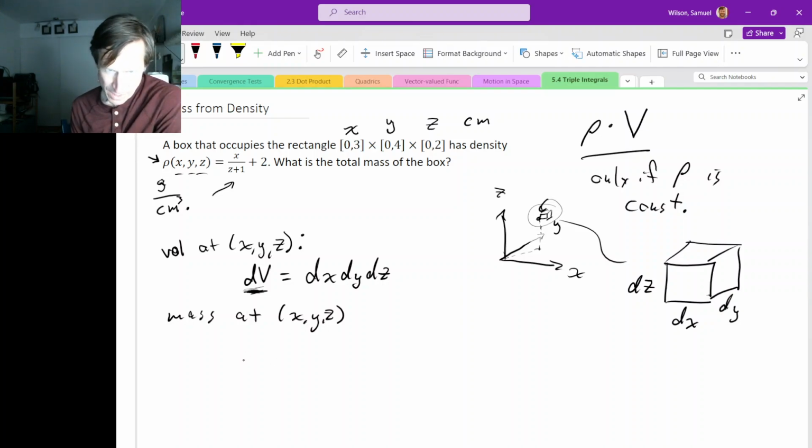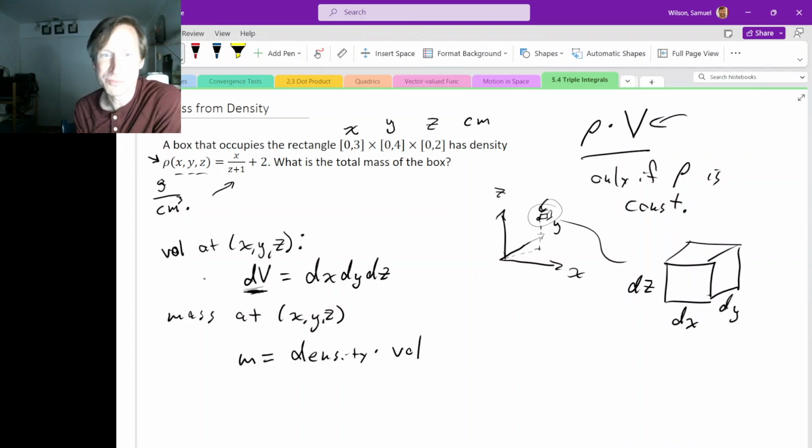So for the mass at this position, we can write that the mass is density times volume. We couldn't before because we were talking about an extended volume, but this infinitely small volume isn't really extended over any finite distance.